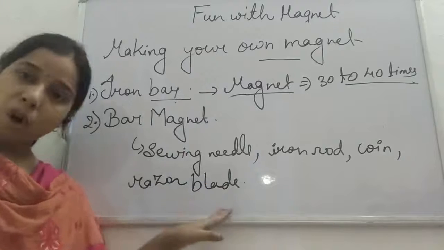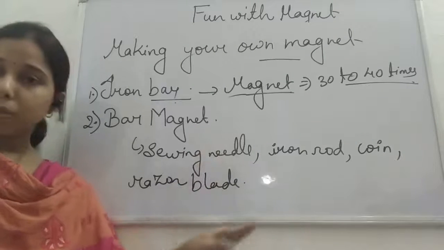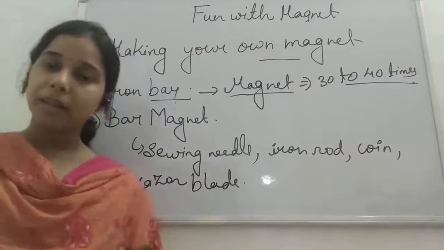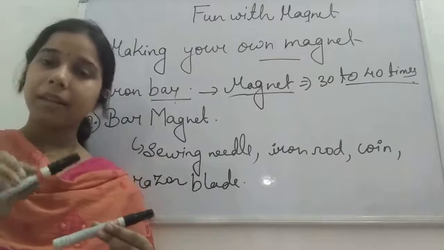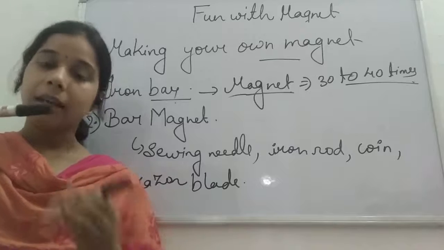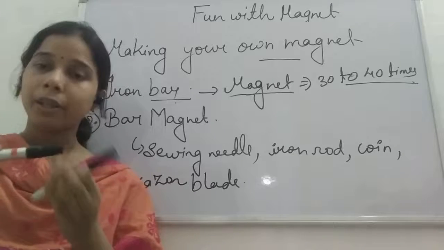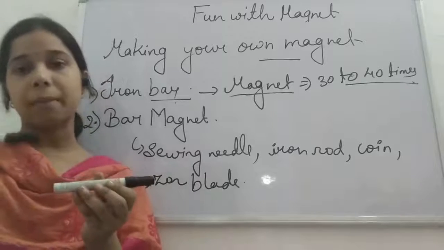We will take any of the objects, we will take a bar magnet, keep the object on the wooden table, hold the bar magnet and start moving its lower end along the entire length of the material.